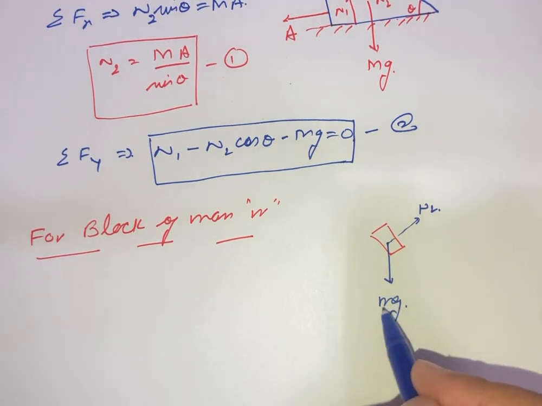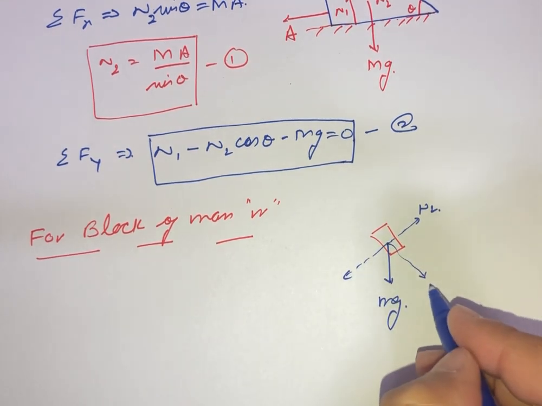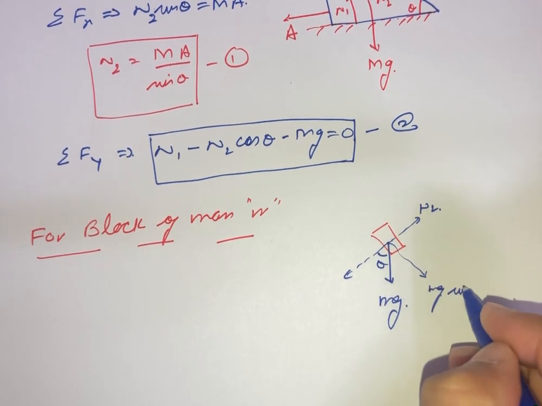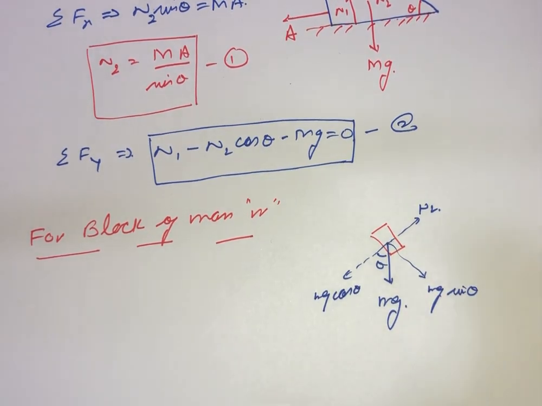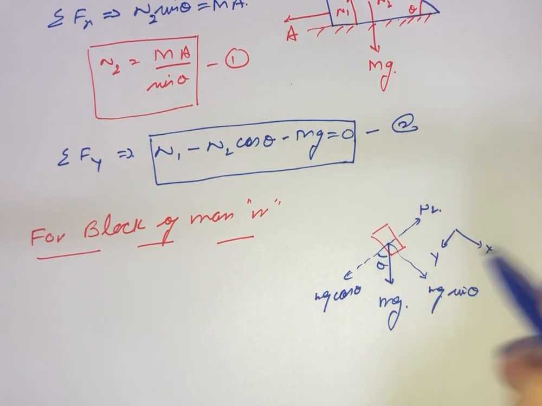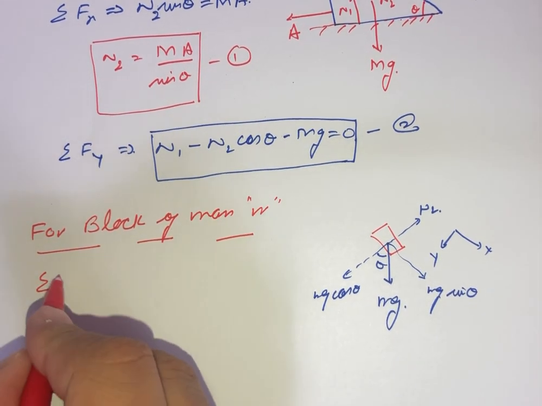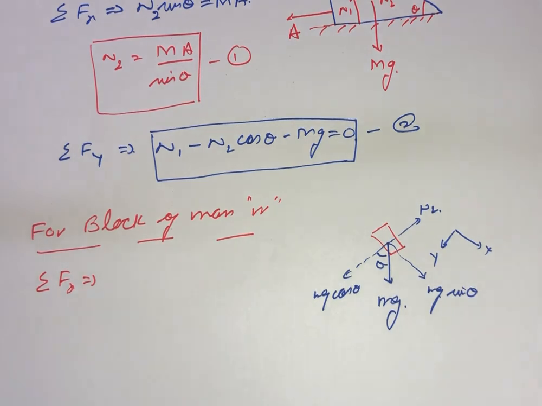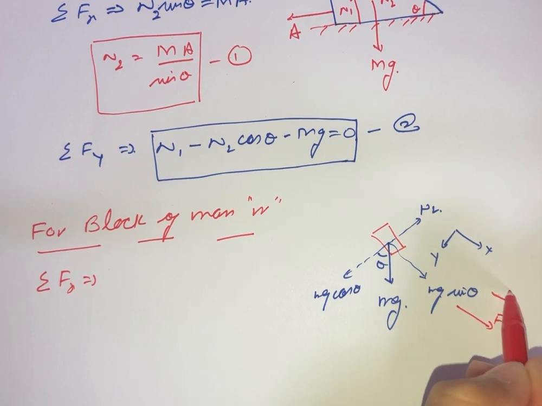This mg can be divided into two components, and this will be our theta. So this is mg sine theta, and this will be mg cos theta. This will be our x and this will be our y. So the summation of Fx will give us, one more thing, there is a force F also acting in this direction, and acceleration in this direction.